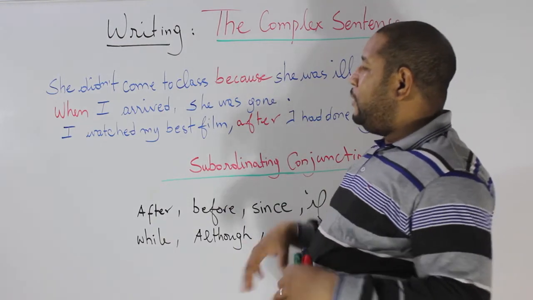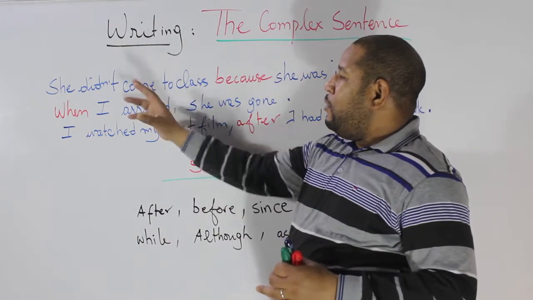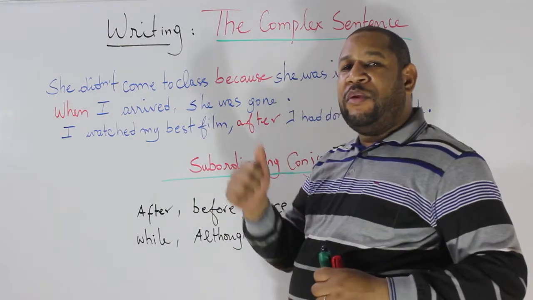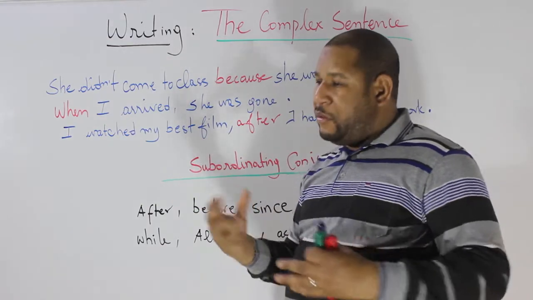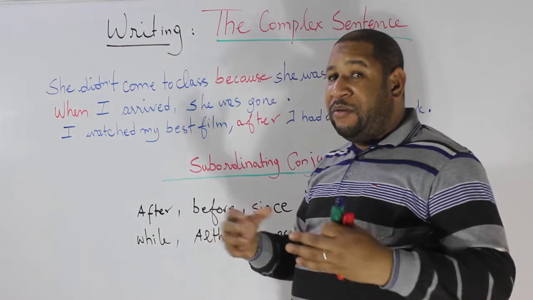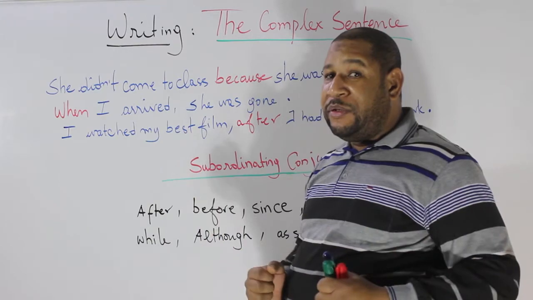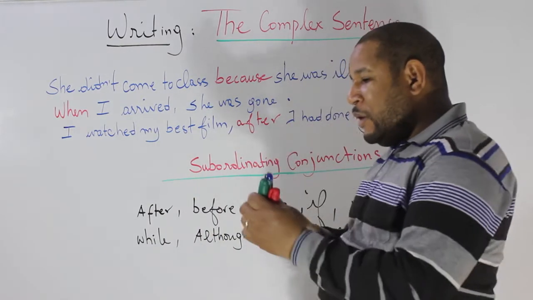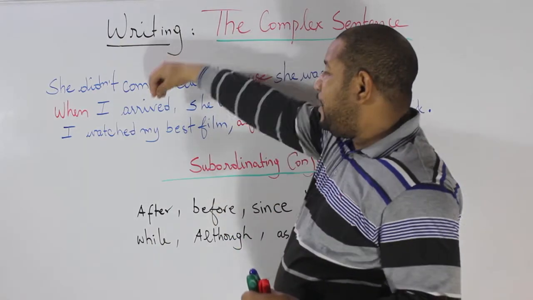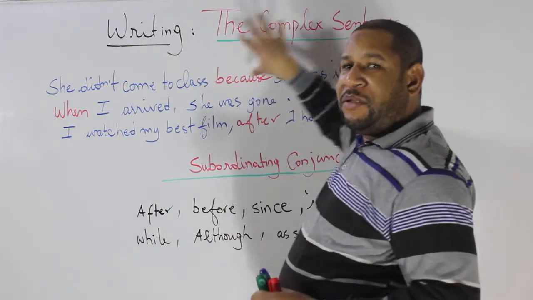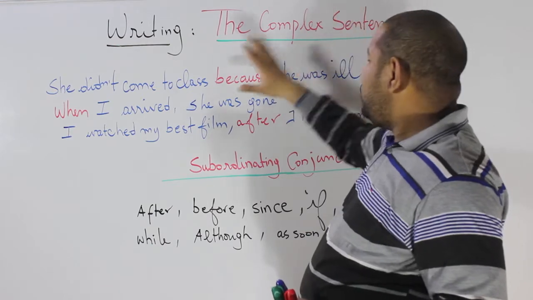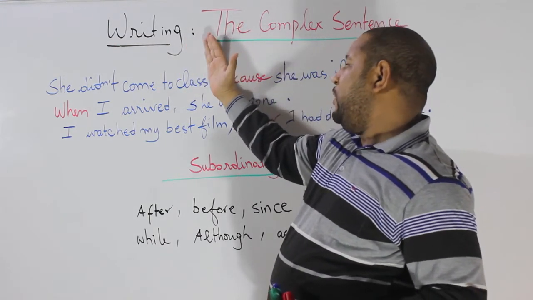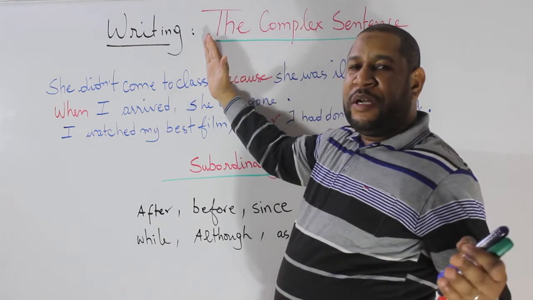Okay, so let's recapitulate. We speak about a complex sentence when we have one main clause, which we also call an independent clause, plus one dependent clause. Why did we say dependent? Because it depends on the other one. It cannot stand by itself. We cannot write just, because she was ill. But we can write, she didn't come to class. That's correct.